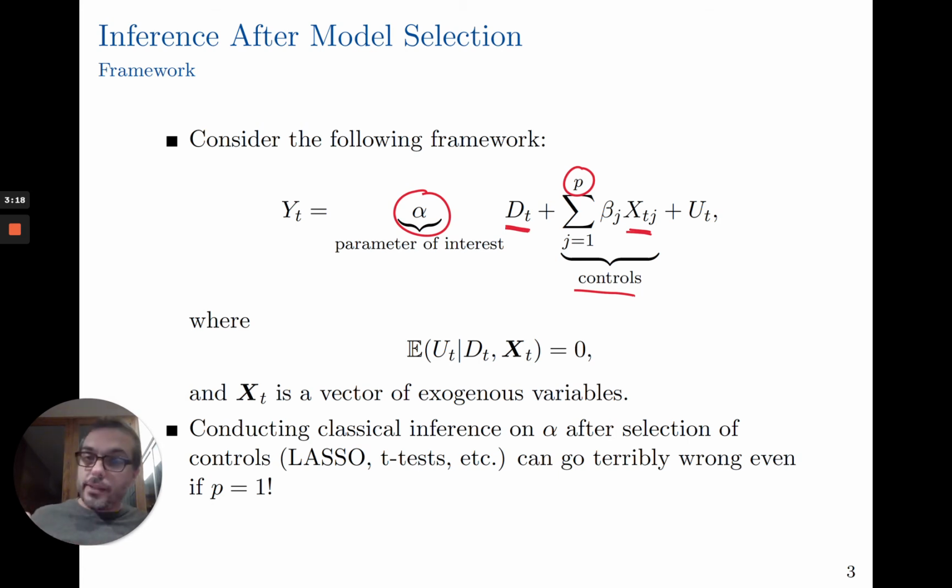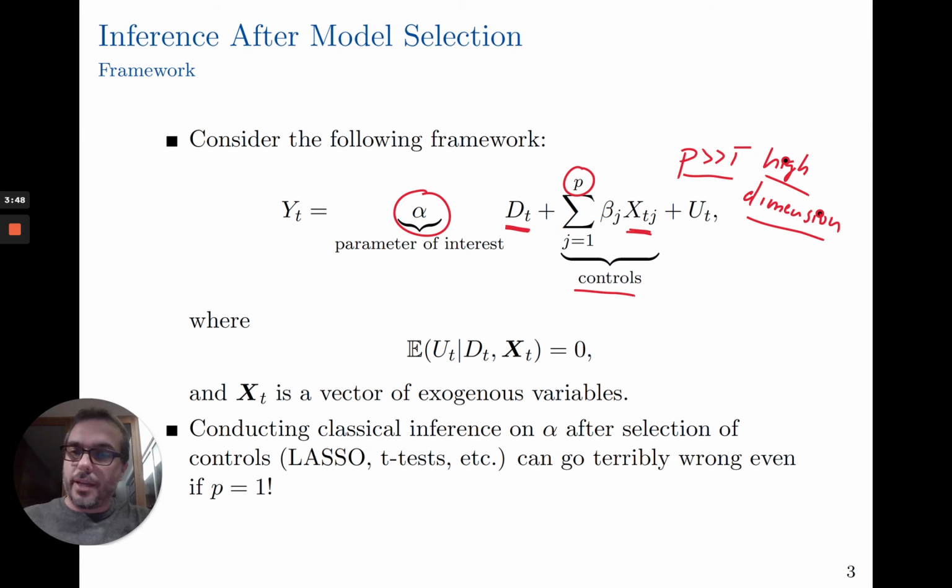In the general setup of this course we have p much larger than T, so we are in a high dimension setup. But let me repeat again, the problems I'm going to show you now are not particular to the high dimensional case. They can also happen in a very low dimension setup.